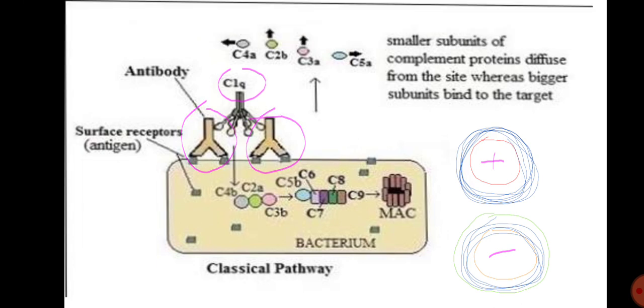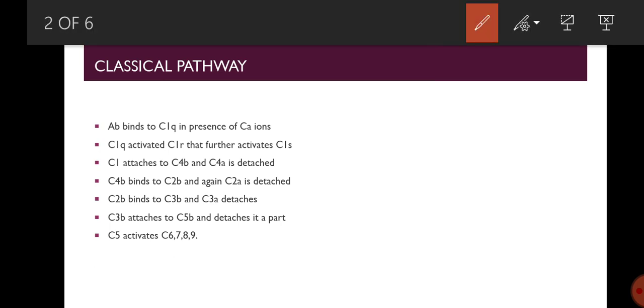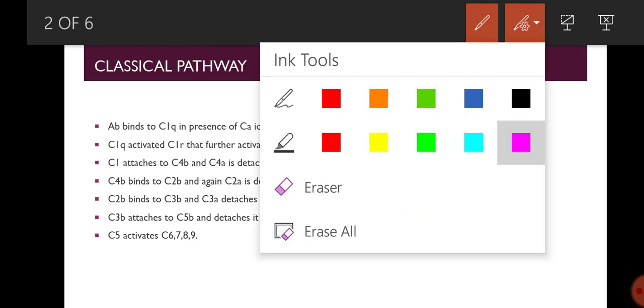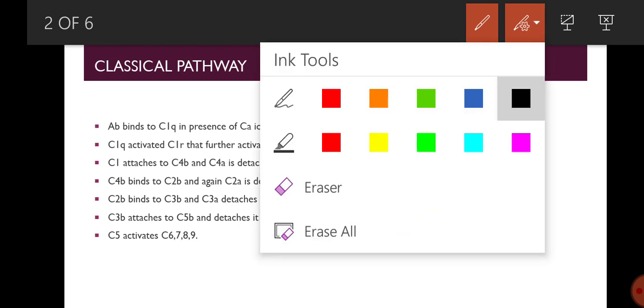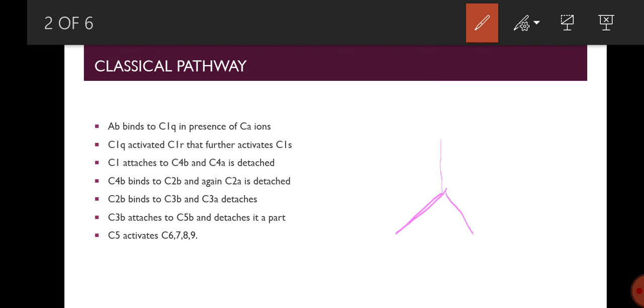Let me tell you another very interesting thing. If there is an antibody, let me draw it in this fashion. This is an antibody, and on the antibody there is a specific part with which C1q will bind.